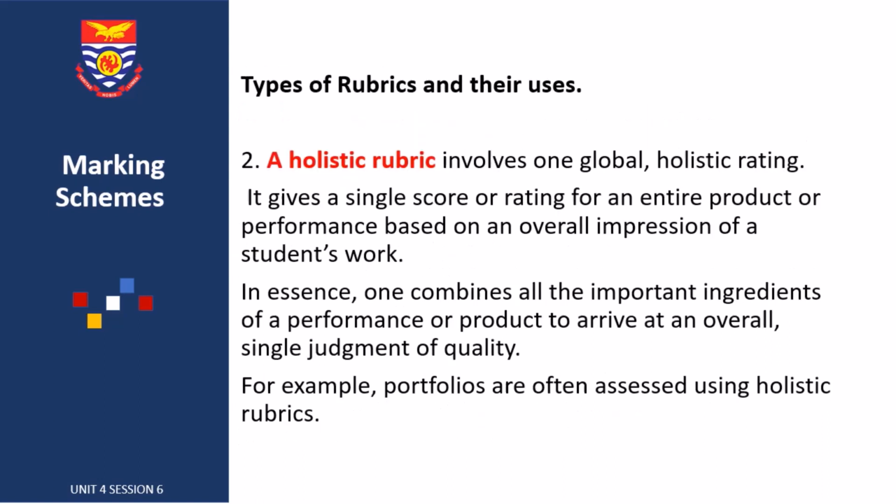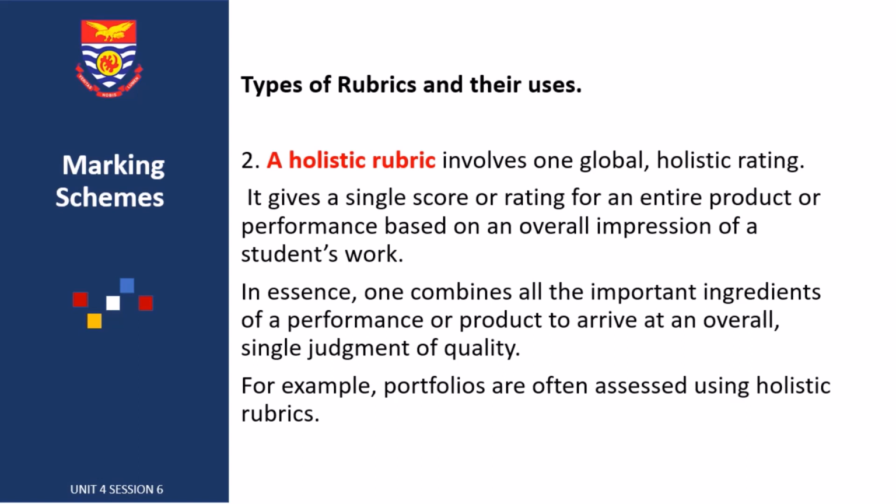Great. So we are looking at the second one, a holistic rubric, and this involves one global holistic rating. So it rates the work at once. It doesn't break it into traits by awarding marks to each trait.